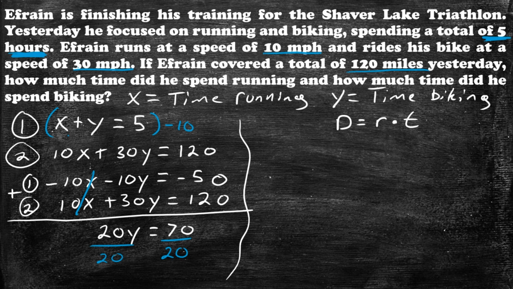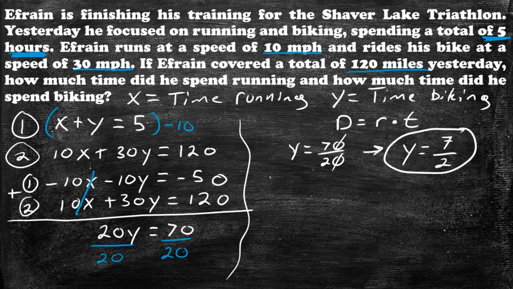And then I'm going to go ahead and continue this up here. So we get y is equal to 70 over 20. And we can simplify this. You pretty much cancel the zeros. So what we get is y is equal to 7 over 2.